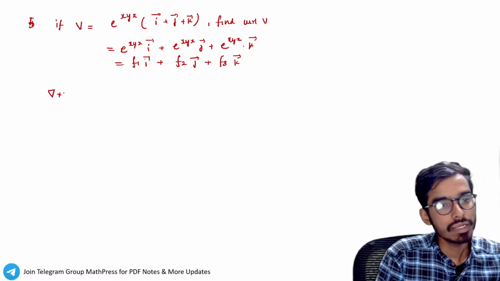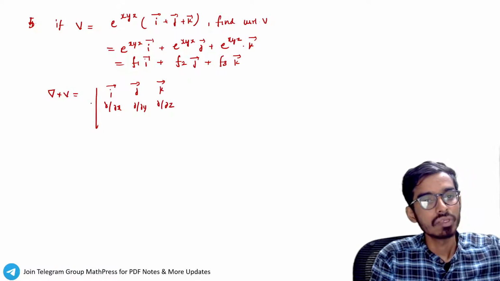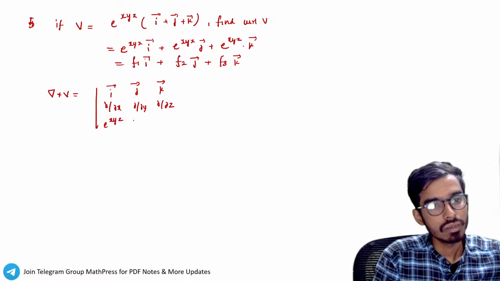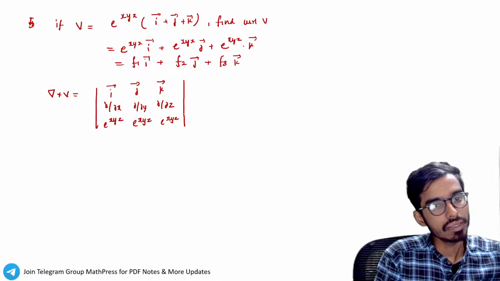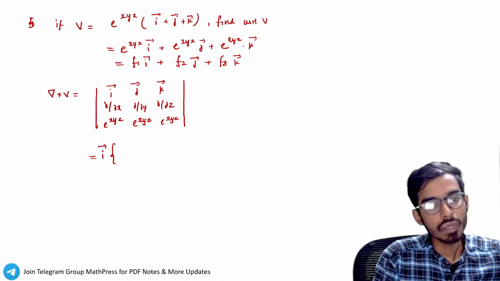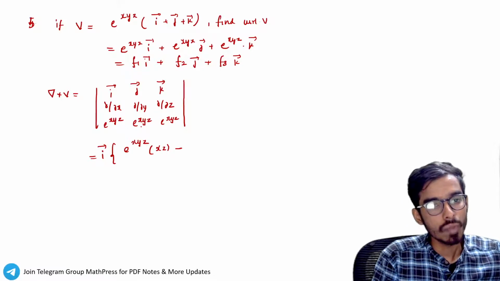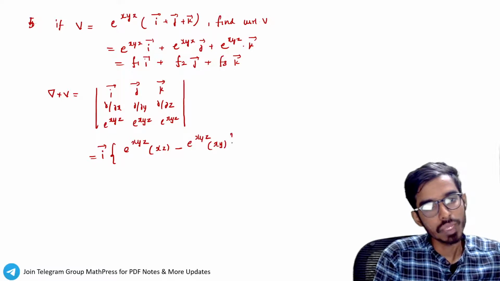So we need to find del cross v, the curl of v. So this is i vector, j vector, k vector, dou by dou x, dou by dou y, dou by dou z, and e power xyz, e power xyz, e power xyz. So this will be i vector into dou by dou y of e power xyz, which is e power xyz into xz, minus dou by dou z of this, e power xyz with respect to z will be xy.